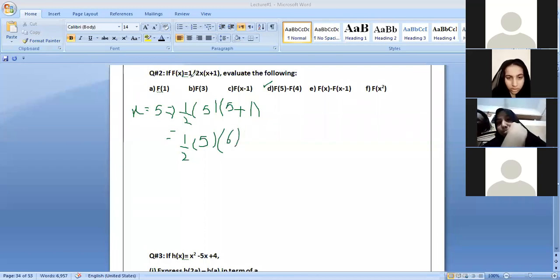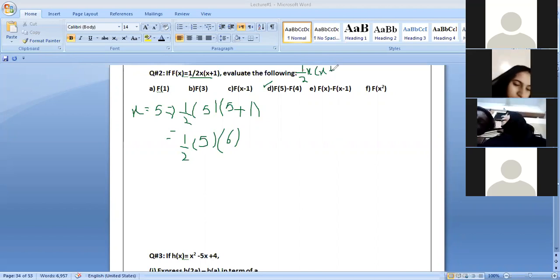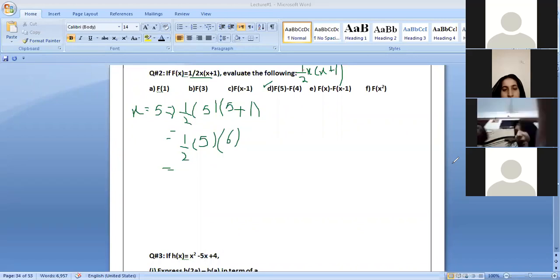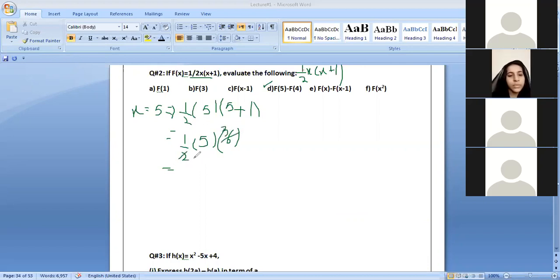Class, this question is written in this form. ये जो question है ना, ये हमारे पास इस तरह से given है 1 upon 2 x plus 1. और अभी आगे कितना solve होगा class? समझ आया? 2 1s are 2, 2 3s are 6, and 5 3s are 15.